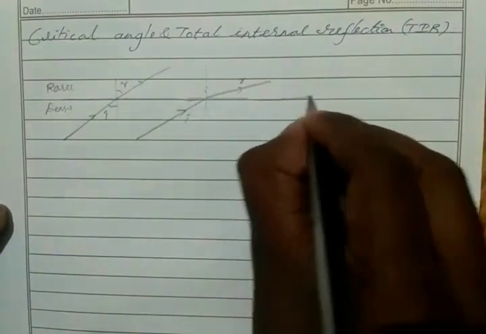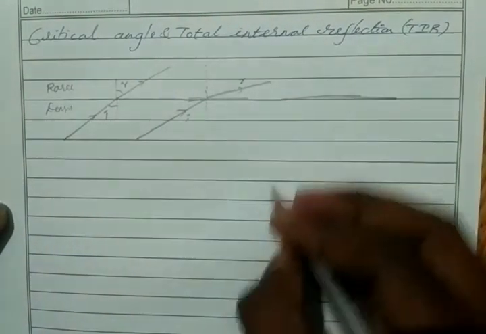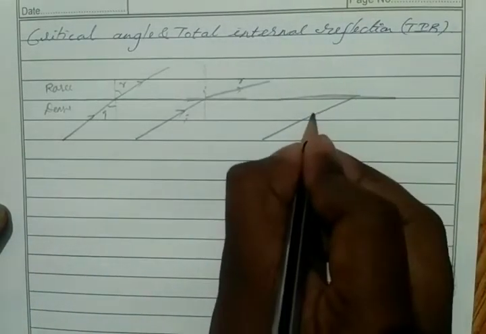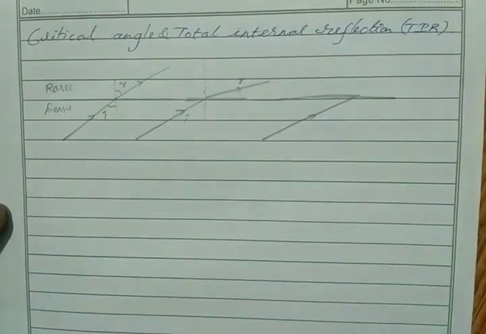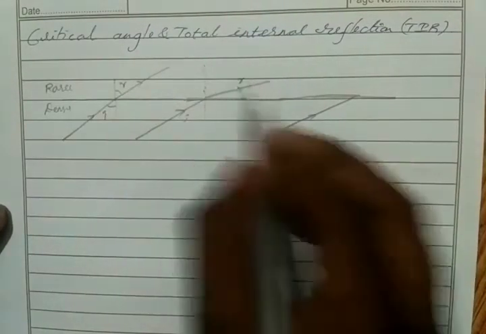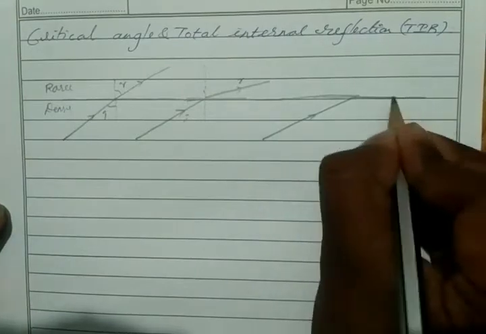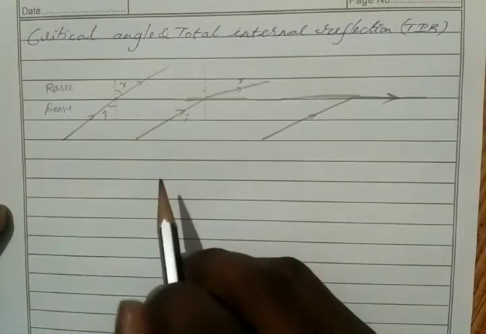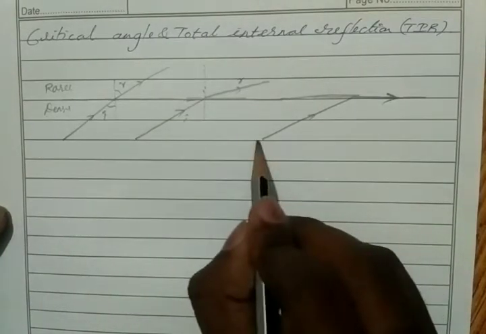Then again we further increase the incident angle. Now what will happen? This ray will graze the interface. So the refracted ray moves along the interface between the denser medium and the rarer medium when you further increase the angle.